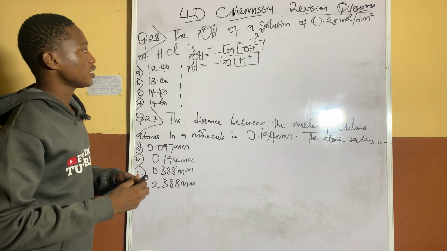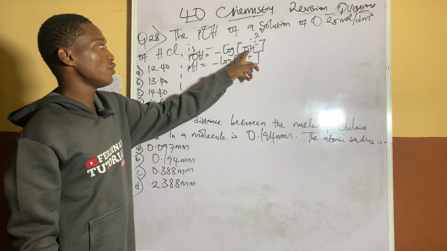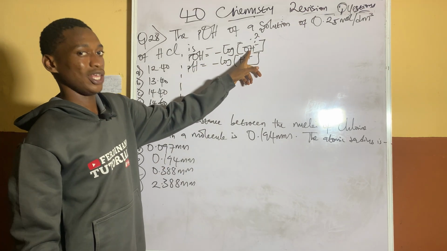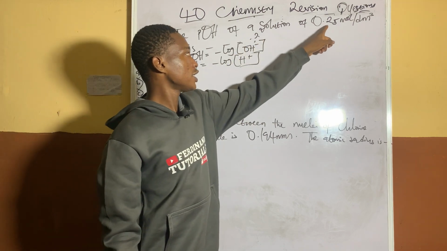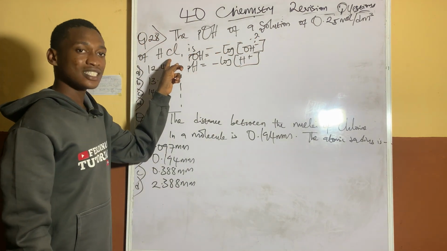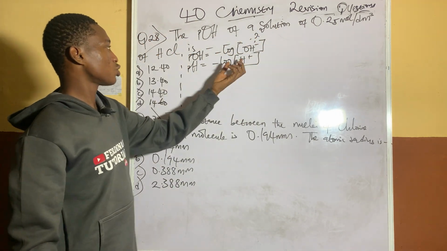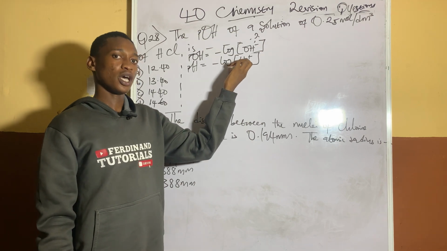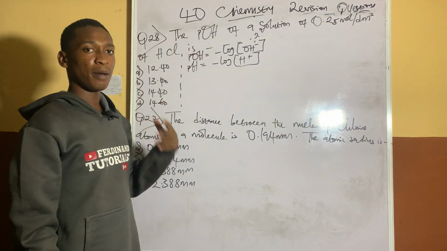For us to calculate the pOH directly, they would have given us the concentration of hydroxide ion. But in this question, what they gave us was an acid. So we are going to solve for pH first.